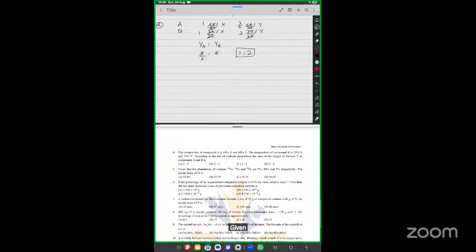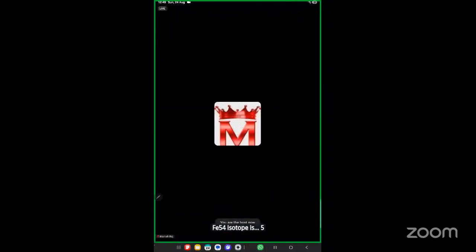So fifth one, given that the abundances of isotopes are given. Fe54 isotope is 5%.